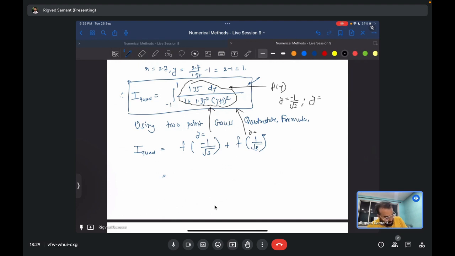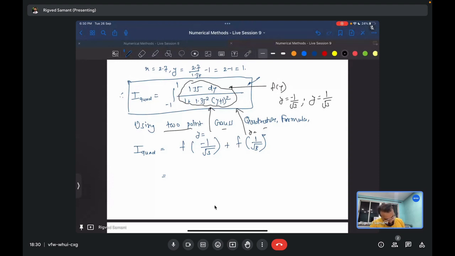Then you will put y is equal to 1 divided by root 3 and add them up. So that is what the 2-point Gauss Quadrature formula is. There are 3 points as well, and there is a 1 point as well. You can go and check it.